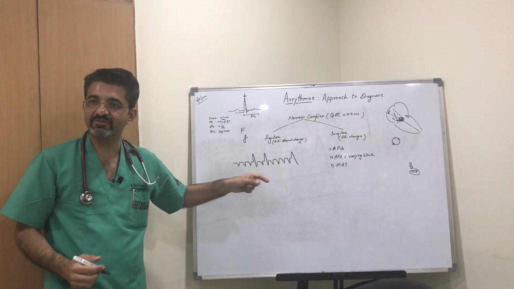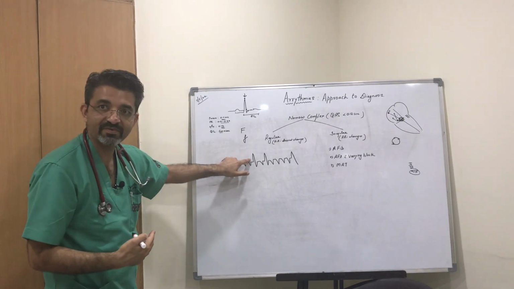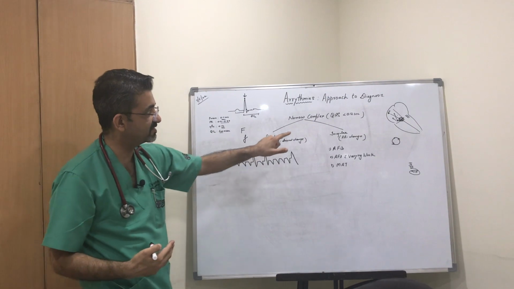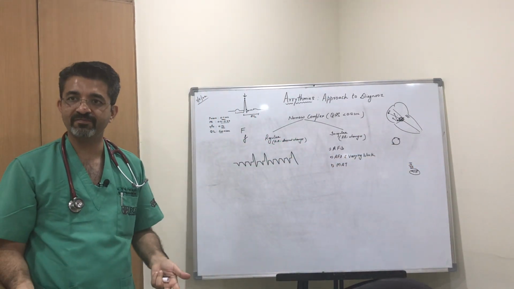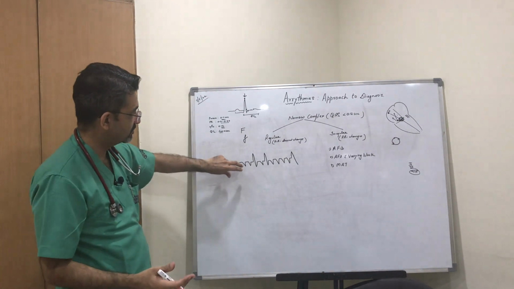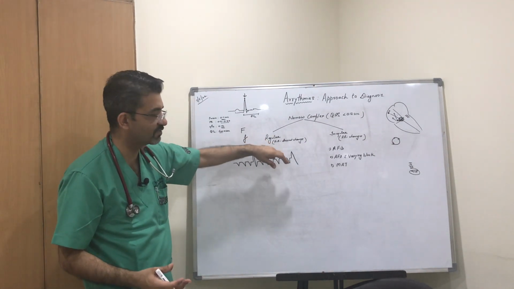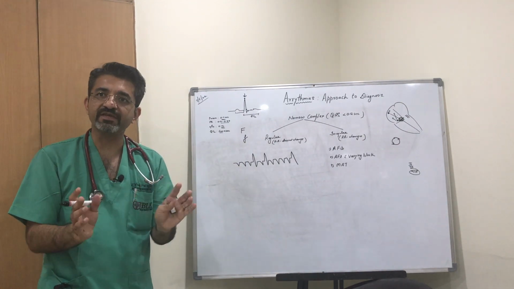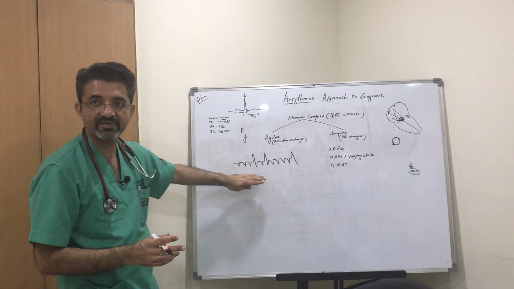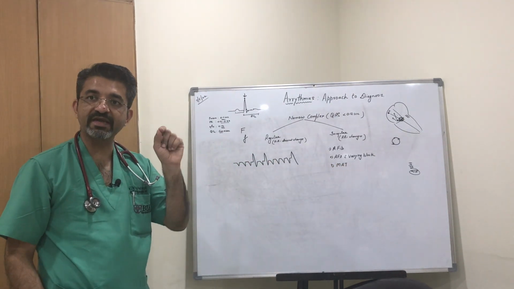So, the ratio is changing. So, you see the RR interval is changing, it's getting irregular. But it is narrow complex because this P wave is transmitted by the AV node. So, your QRS is normal, right? So, this is a varying block. You have 3:1, 1:1, 4:1, it can be 8:1, it can be 10:1, whatever. The combination will vary. So, this is simple atrial flutter with varying block, right? QRS will be narrow.